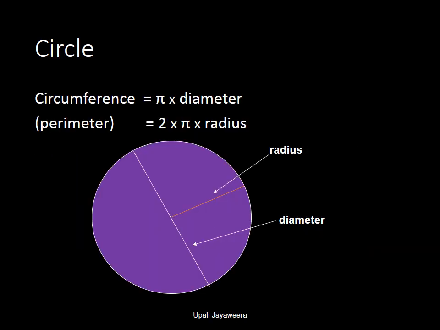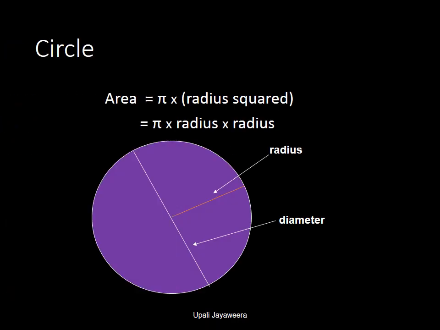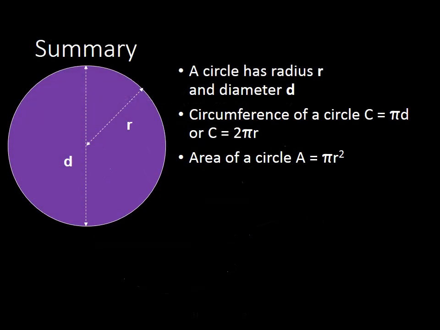Circumference equals pi into diameter. Perimeter equals 2 into pi into radius. Area of the circle equals pi into radius squared. Now refer to the things you learned.